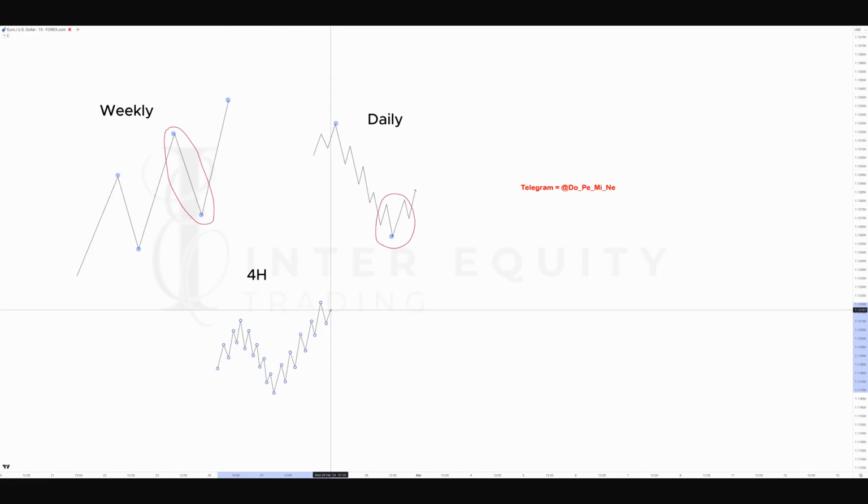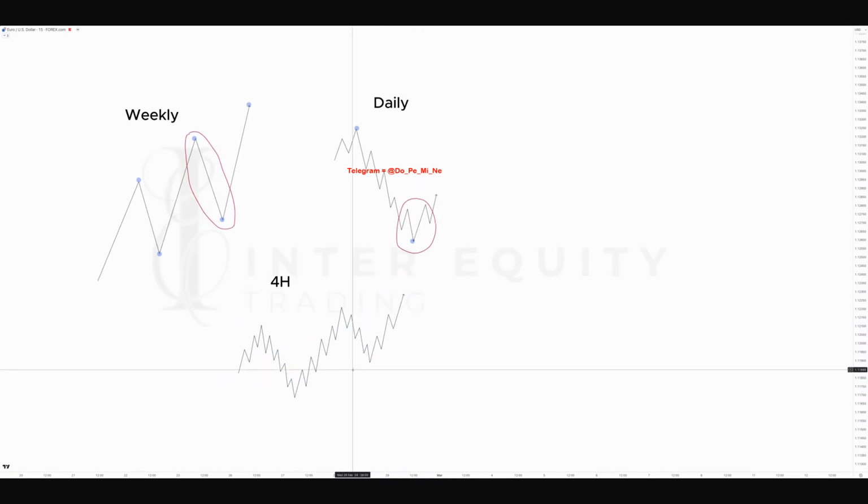And then that little pullback, right? And then which is right here, this low, and then that other break of structure to the upside to create the higher high. Right? So the 4-hour is basically doing exactly what the weekly is doing, right? And what the daily is doing, but with more structure, right?